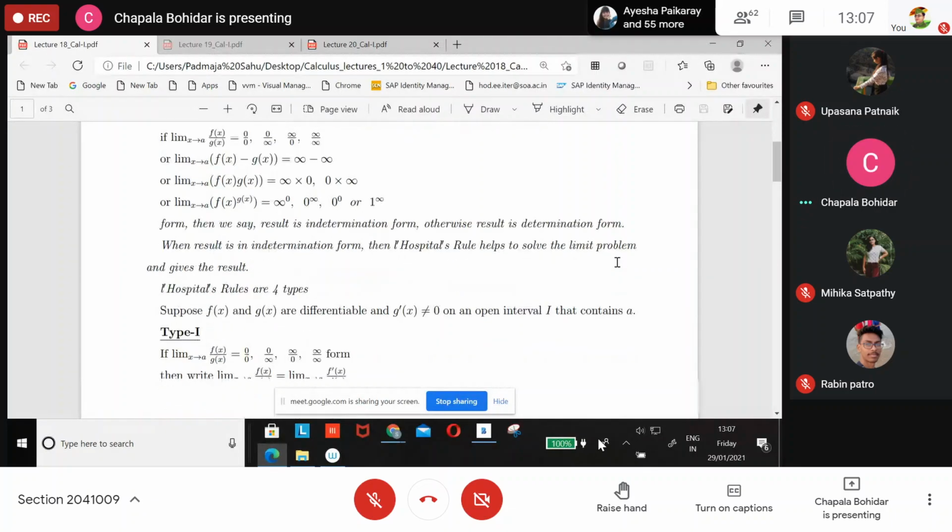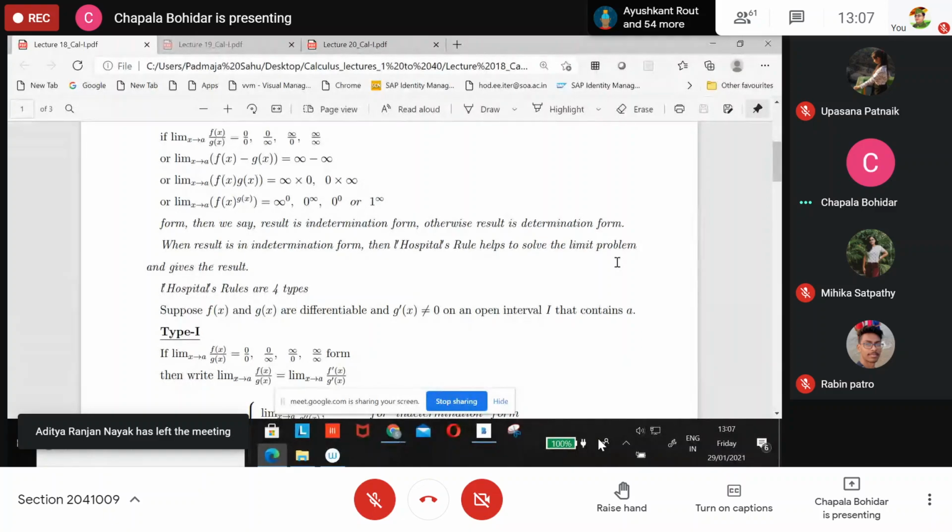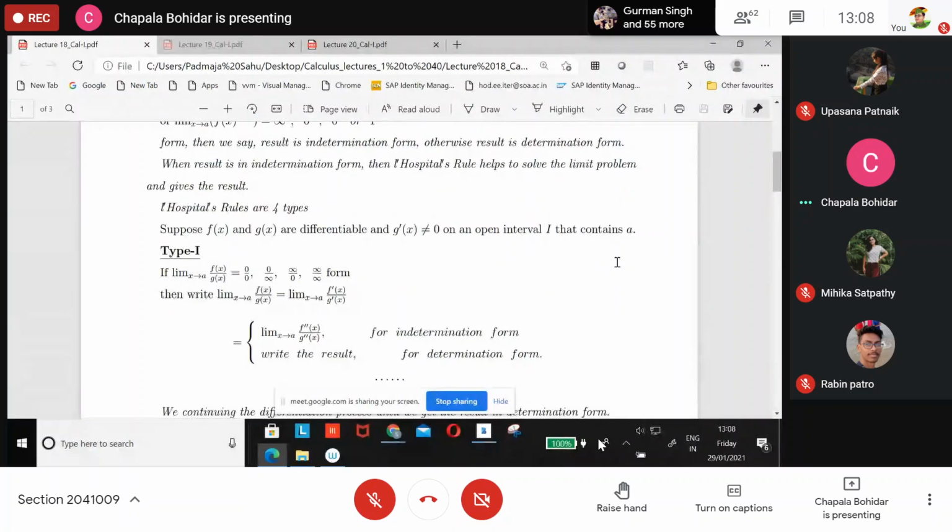Type 1. If limit x extends to a of f(x) by g(x) is in this indeterminate form, we write limit x extends to a of f(x) by g(x) is equal to limit x extends to a of f dash x by g dash x.